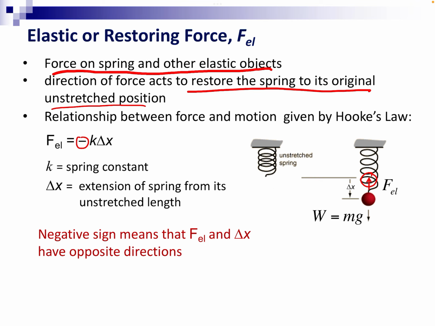So looking at this figure again, the unstretched spring is stretched in the downward direction because of gravitational pull, and therefore the elastic force should be upwards, opposite the direction of the stretch. And it makes sense because the elastic force will also try to bring back the spring to its original unstretched position.